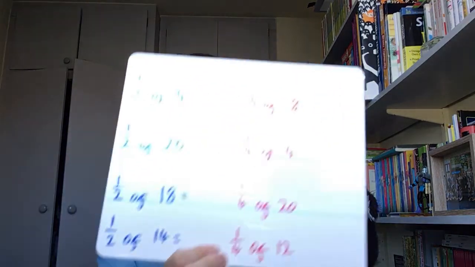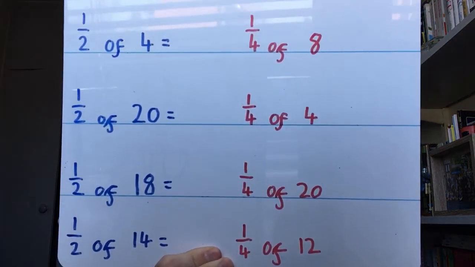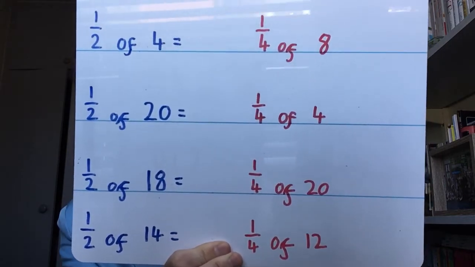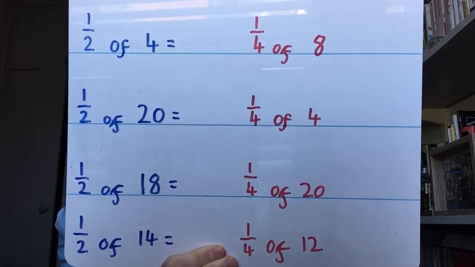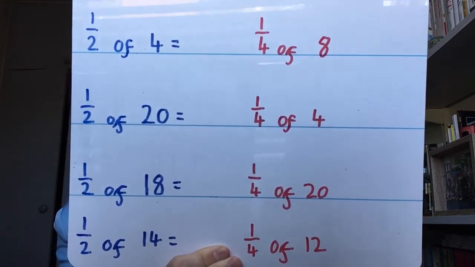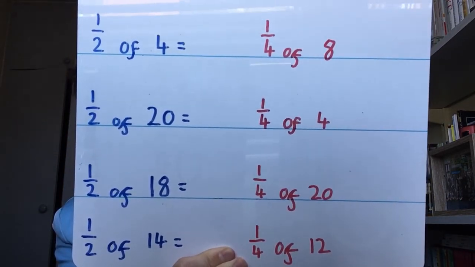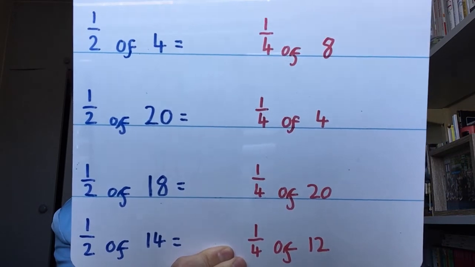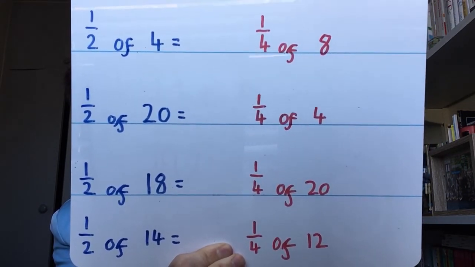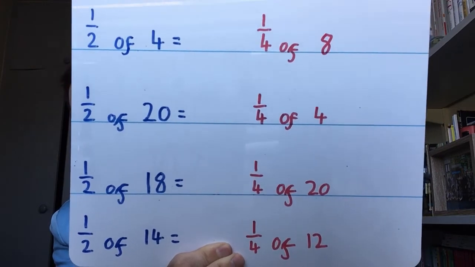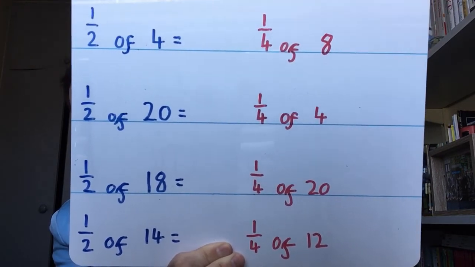So we've got half of 4, half of 20, half of 18, half of 14, a quarter of 8, a quarter of 4, a quarter of 20 and a quarter of 12.